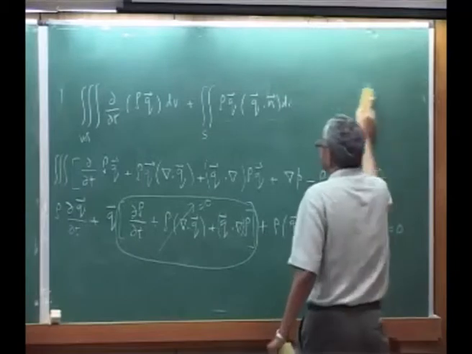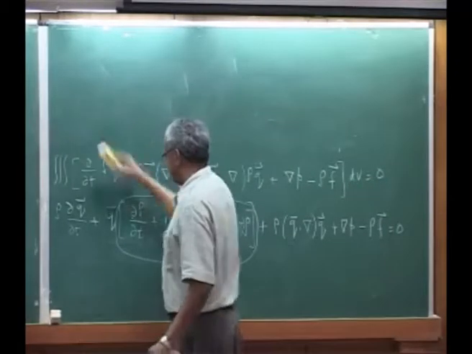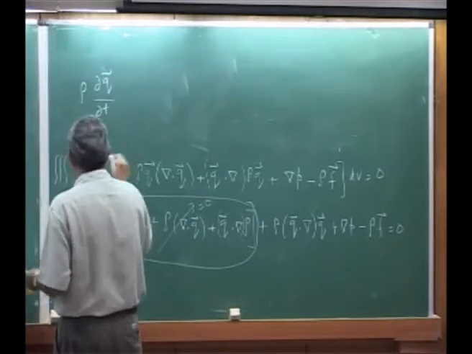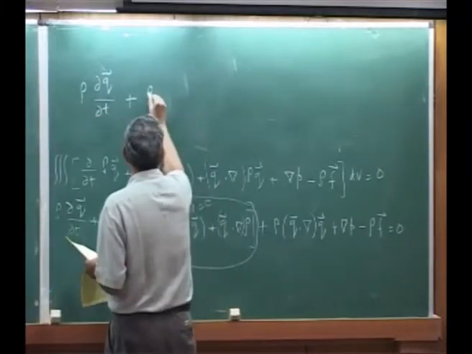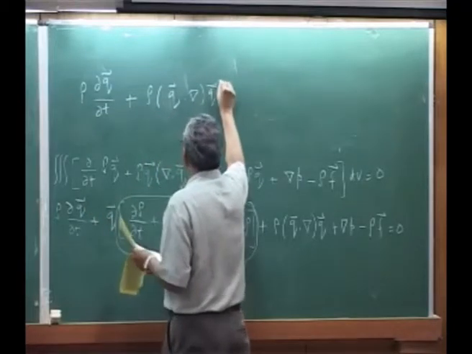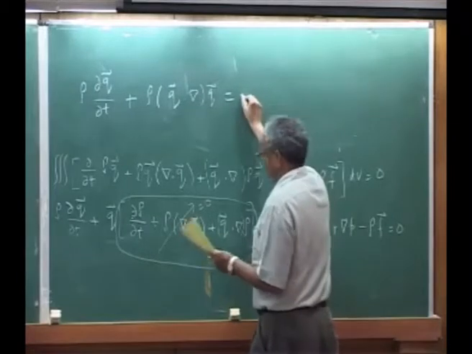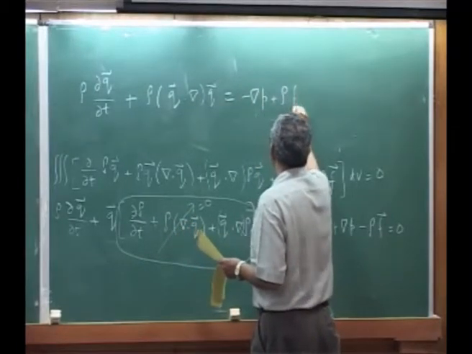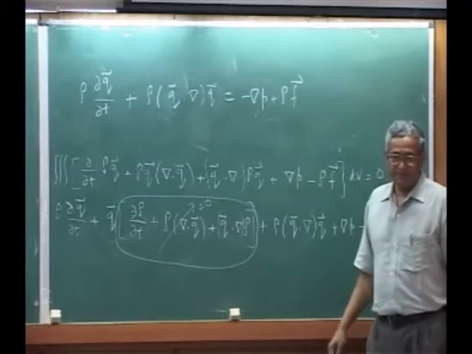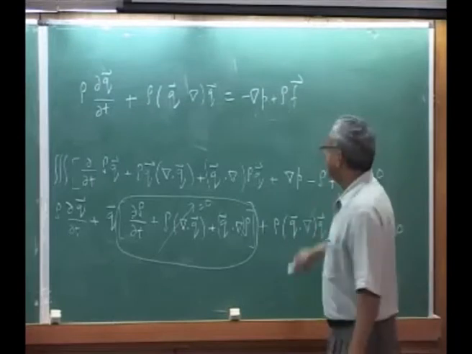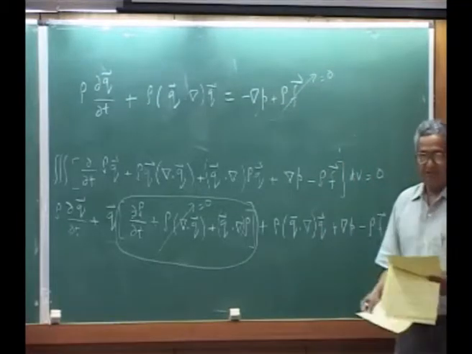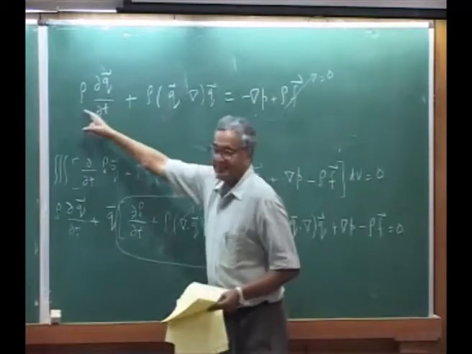Leaving behind, I now erase this part. Okay, you will have rho del Q over del T plus this term rho Q dot del Q equals, I am taking minus del P plus rho F. Now if you neglect the body force, usually gravity, this term goes to 0 and your rho is common.